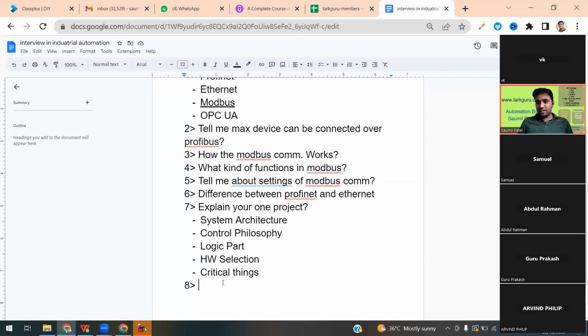This is not the correct sentence actually. They are asking for the CPU memory consumption. Definitely, CPU memory consumption is asked by the interviewer. But for that, you need to prepare this way. What kind of CPU, what kind of memories are available inside the CPU?